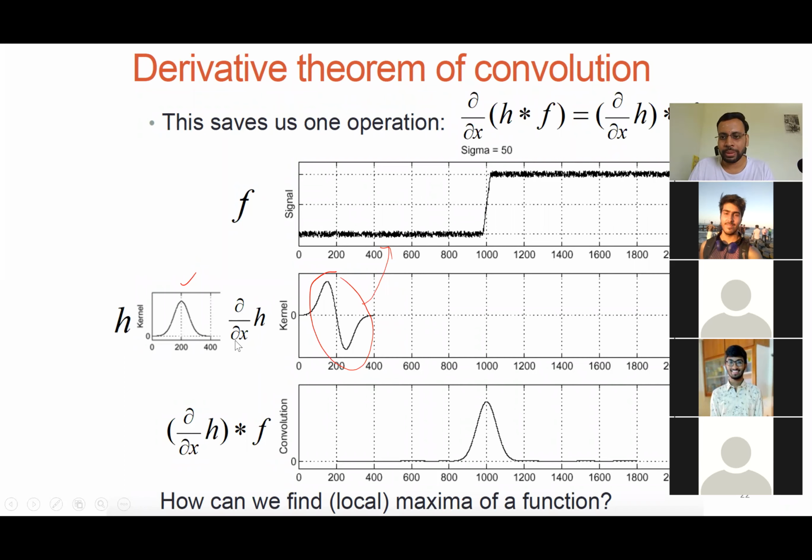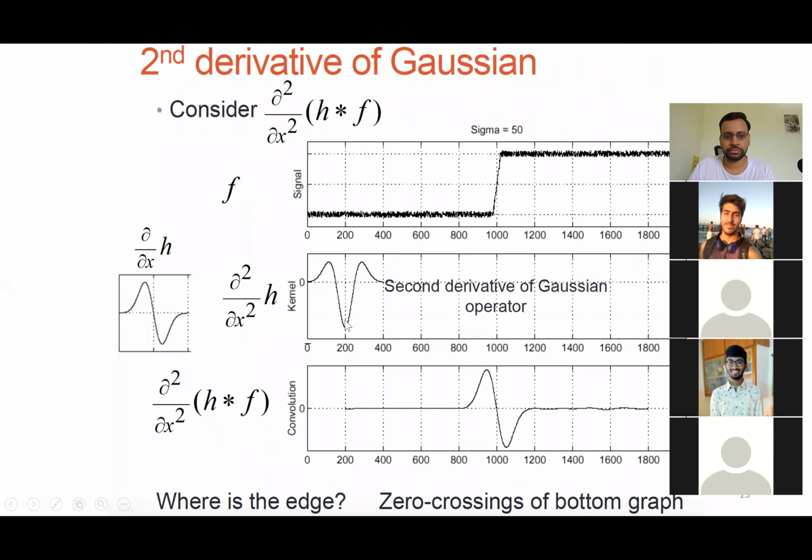So this is what you would do in the case of a derivative. If you want to do smoothing followed by derivative, you would simply convolve with this. You can also notice that convolution with this is exactly equivalent to correlation, because this is again symmetric.